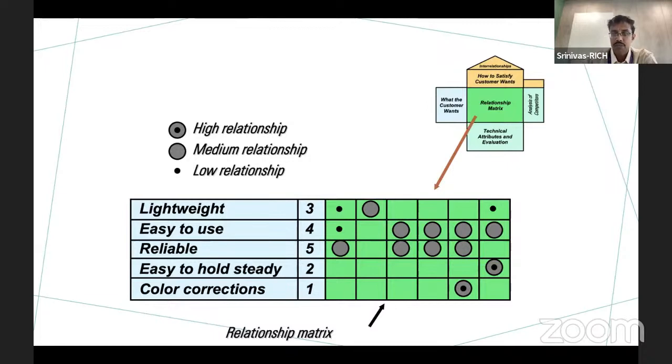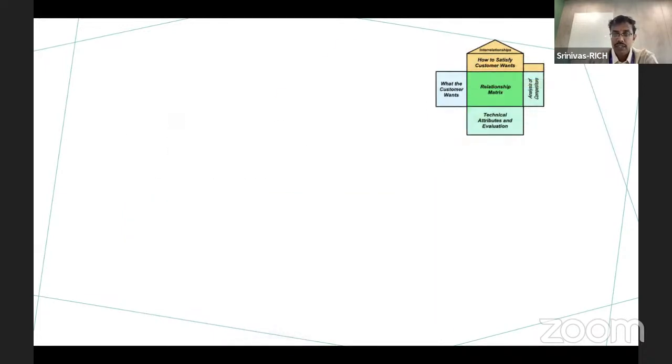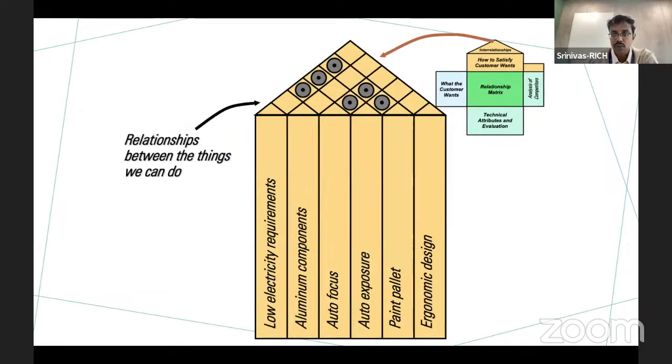Now, once this relationship matrix is ready, then you look at weighing in. You also can look at relation between these consumer functionalities, right? So by using low electricity requirements, you're probably addressing 3 other actions, that is autofocus, auto exposure, and paint palette.